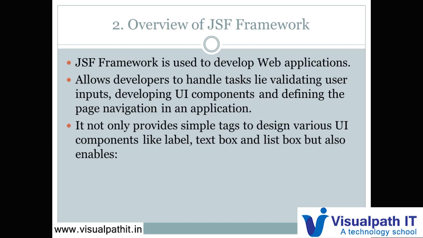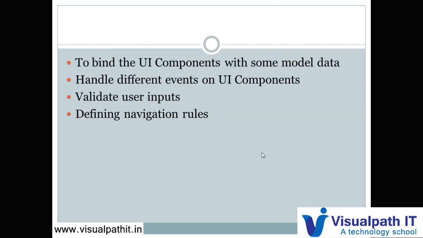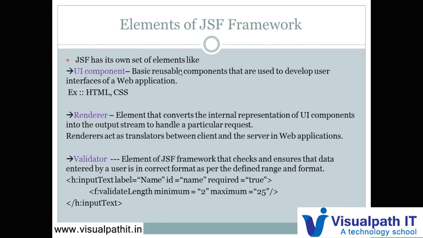So basically, what does JSF consist of? JSF consists of these elements, you can call them five elements. It has the UI component, that is how it appears to the user, HTML and cascading style sheets, and the renderer. The renderer is an element that converts the internal representation of UI components into the output stream to handle a particular request.